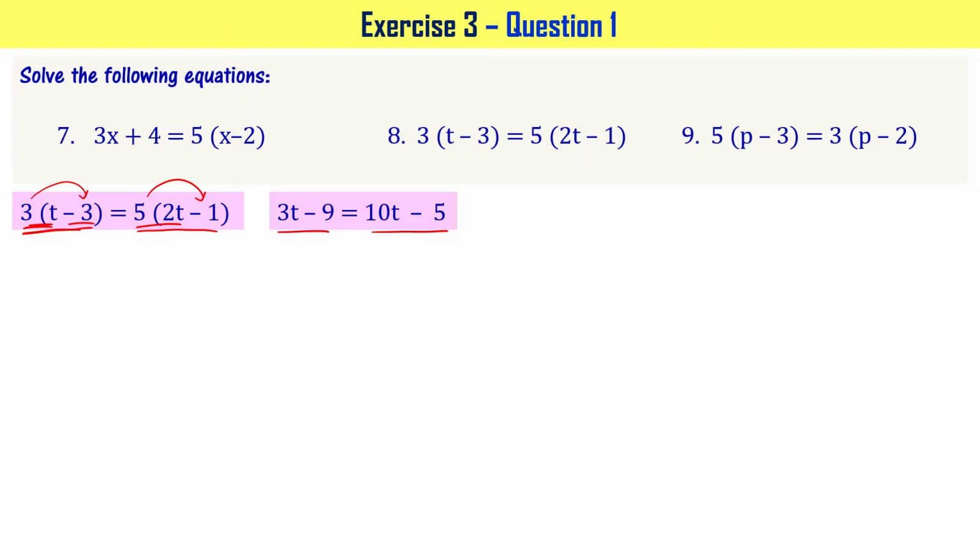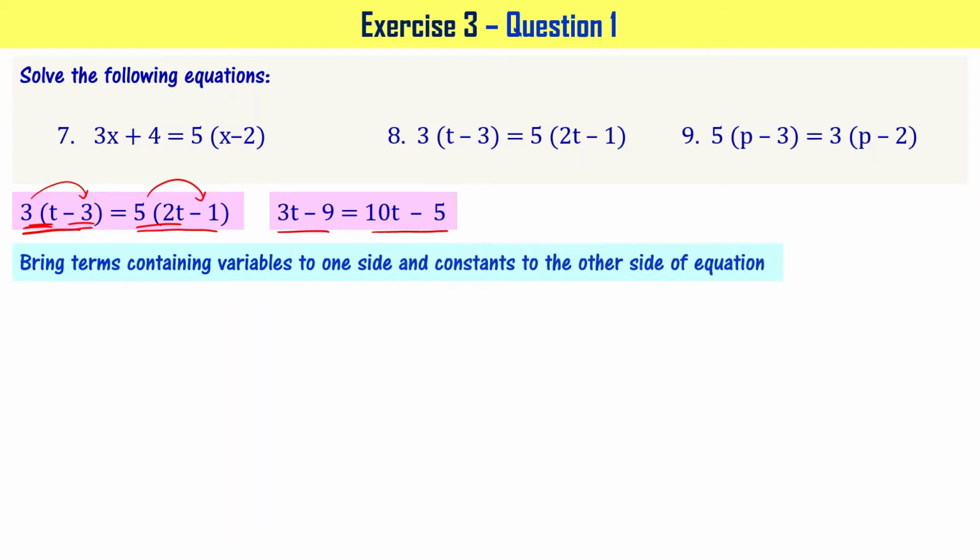Let us solve this equation by bringing the terms containing variables to one side and the terms which are constants to the other side. To do that, I can transpose 10t to this side or 3t to this side, right? Let me transpose 3t to RHS.